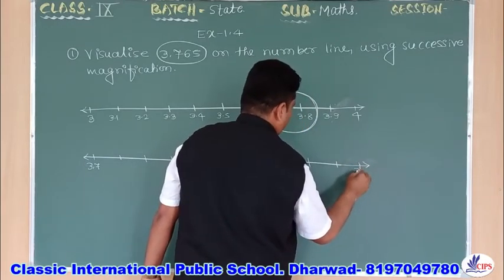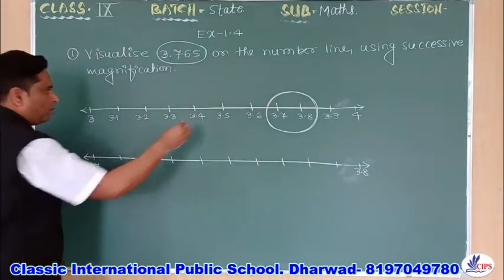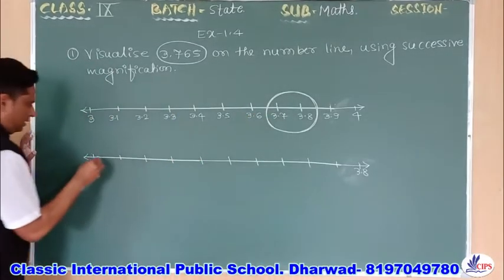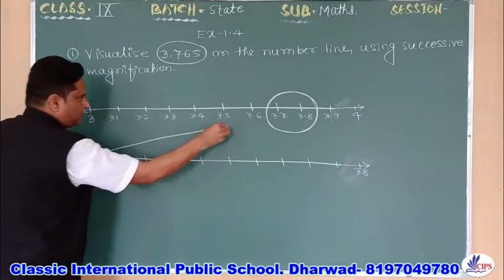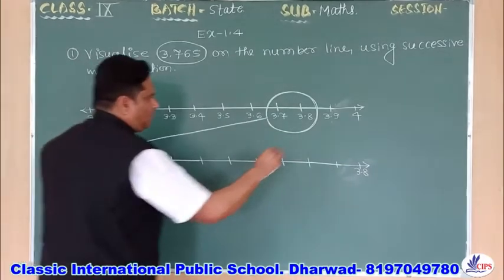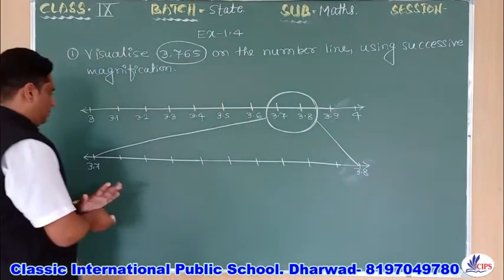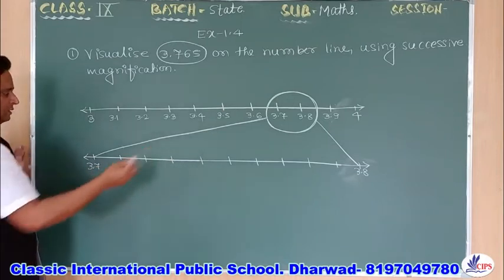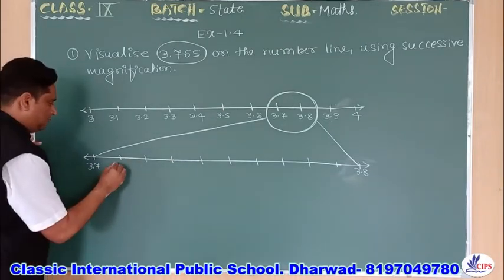That is 3.8. Okay, I brought this 3.7 here, right? This is 3.7 and this is 3.8. Right, children? Let us write 10 parts between 3.7 and 3.8.